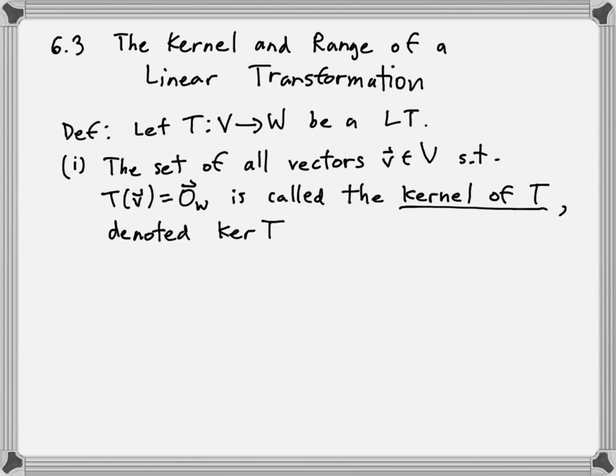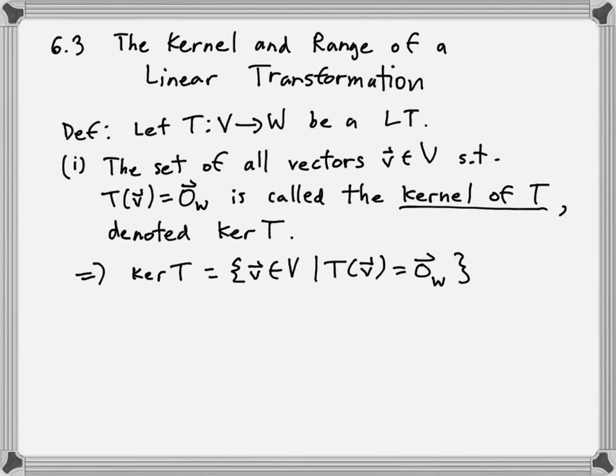This means kernel of T. In other words, the kernel of T is equal to the set of all v in V such that T of v is equal to the 0 vector in W. You can notice right away from the definition that this is a subset of V.